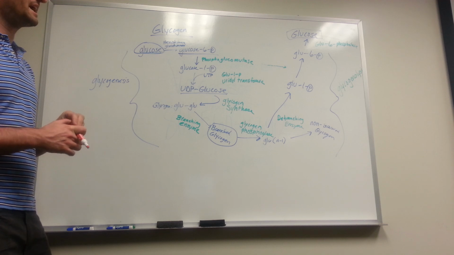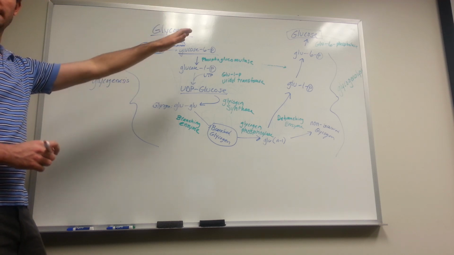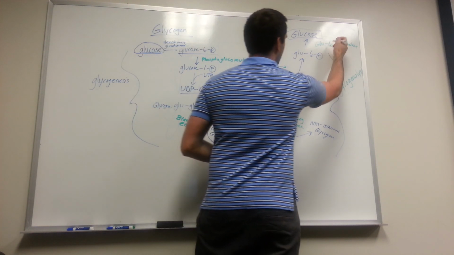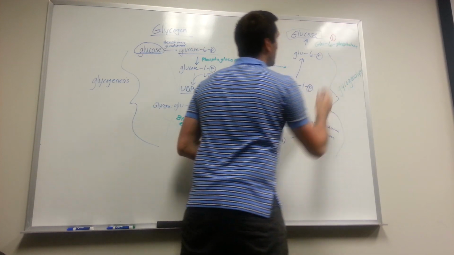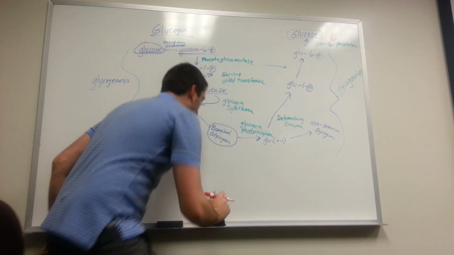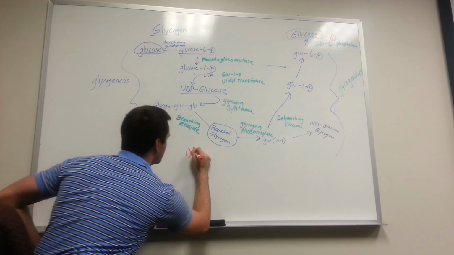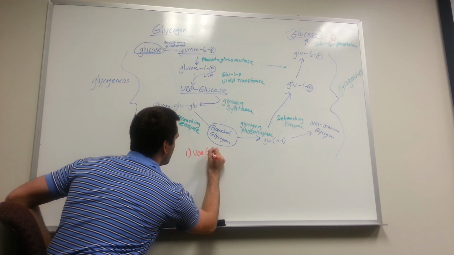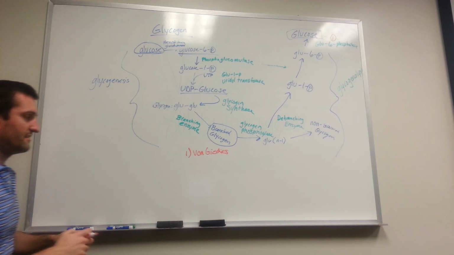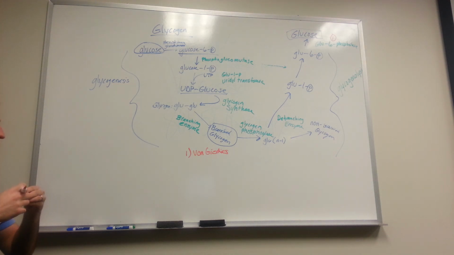So let's start out with type 1. Now remember I said that this glucose 6-phosphatase was an important enzyme. Well, our type 1 glycogen storage disease is going to take place there. And our type 1 is going to be von Gierke's disease.